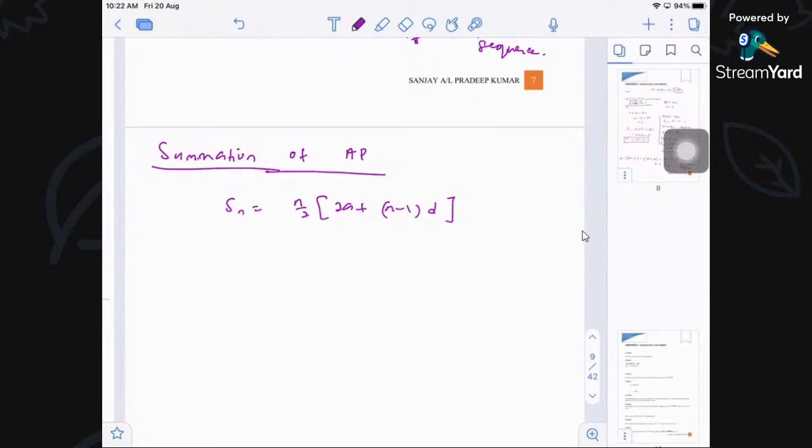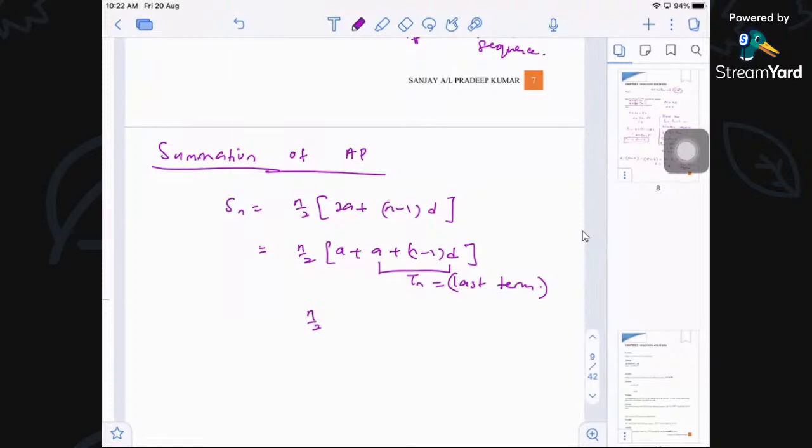The proving of the summation formula is not that important here. The most important thing is understanding this formula. You can see that this formula can break up into n over 2, times (a plus (n minus 1)d), and a plus (n minus 1)d is actually your Tn, the last term.